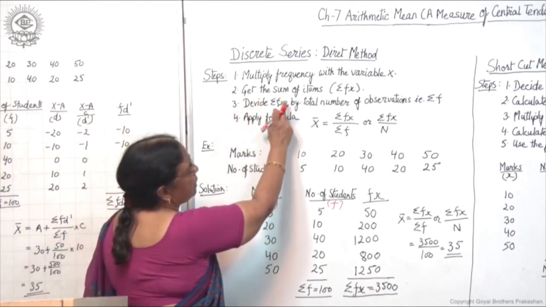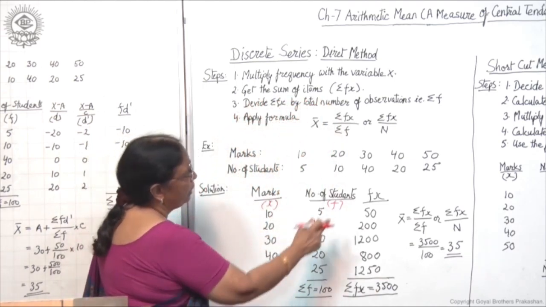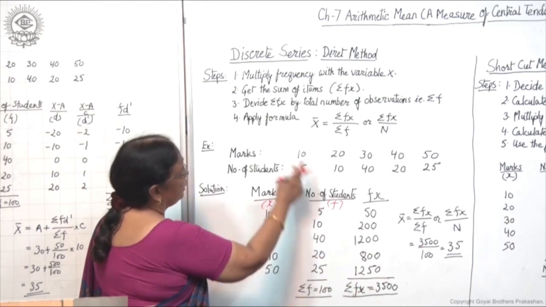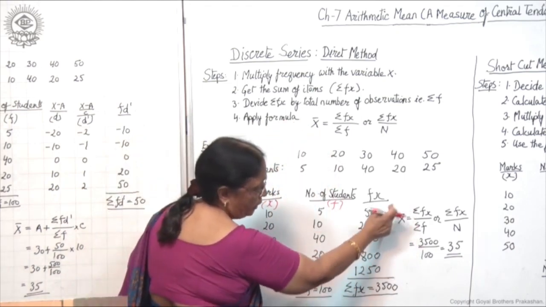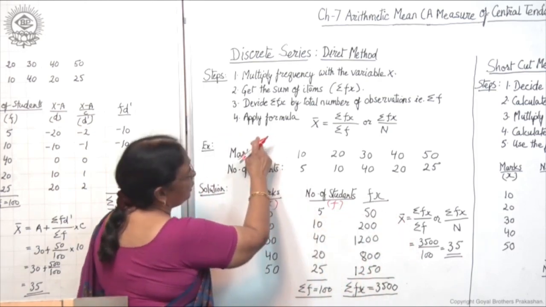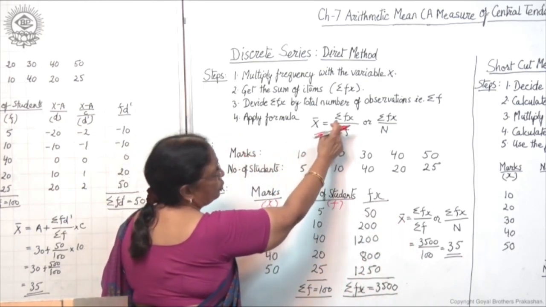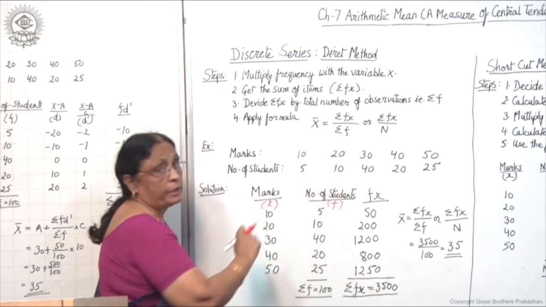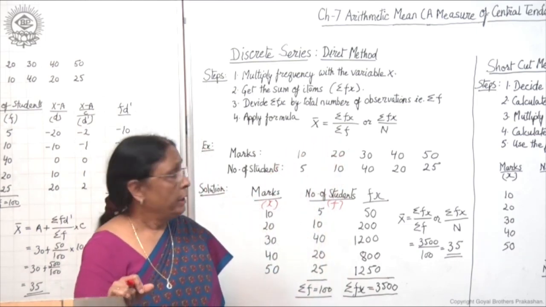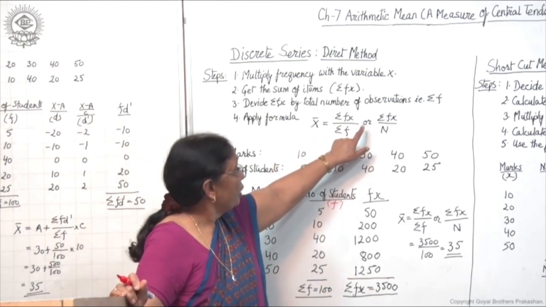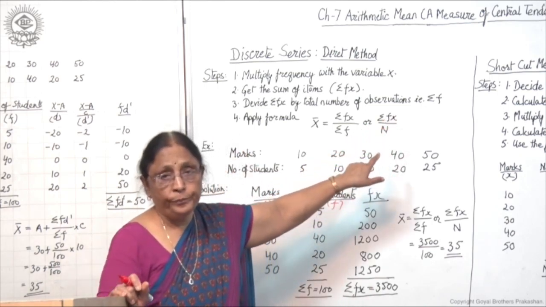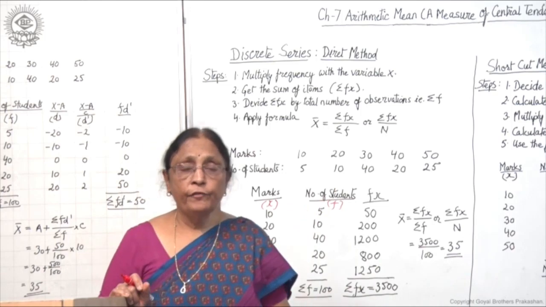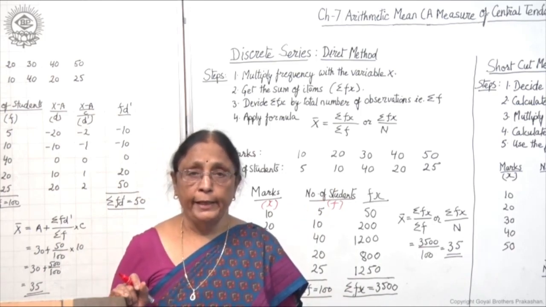Second, get the sum of items, that is sigma fx. Divide sigma fx by total number of observations. Here we apply the formula x bar is equal to sigma fx upon sigma f. Here you will see that I have written sigma fx upon n. What does this mean? Sigma f is the same as n.